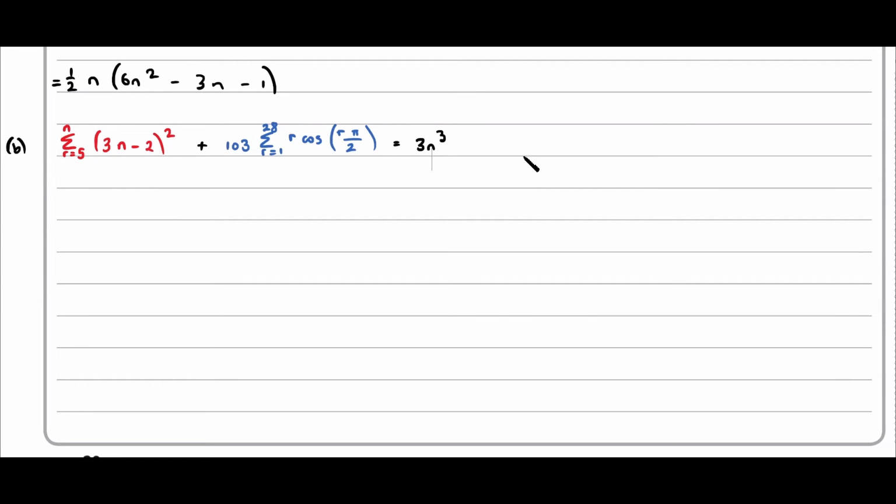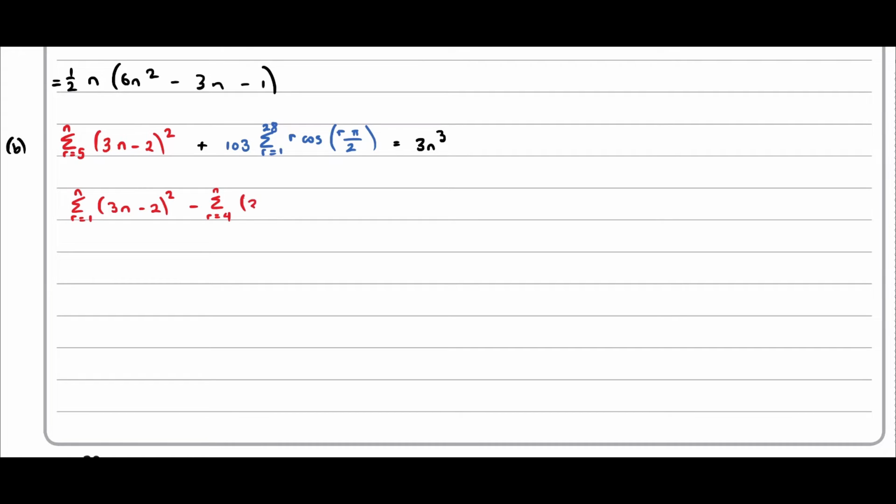So, if we consider the bit in red, we can rewrite this entire thing as the sum from r equals 1 to n of (3r minus 2) squared, minus the first 4 terms. Okay, so you should be familiar with why I'm doing this.